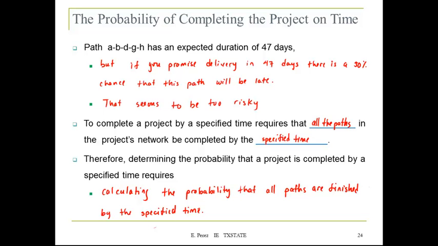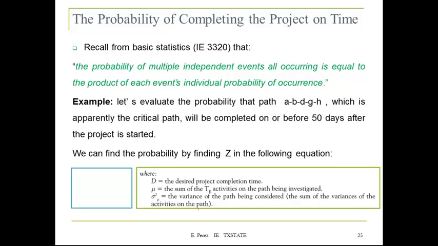So, calculating the probability that all paths are finished by the specified time. Again, I'm going to refer back to your course on statistics, 3320. Recall from this course that the probability of multiple independent events all occurring is equal to the product of each event's individual probability of occurrence.